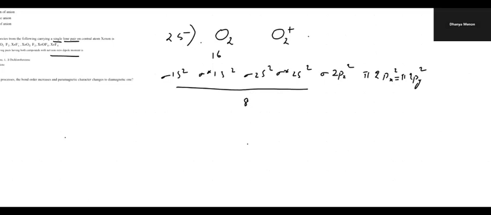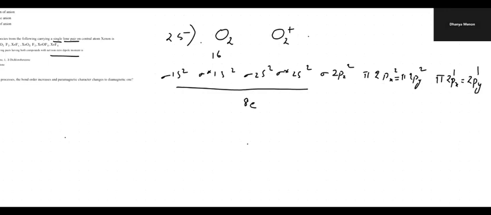So this makes 8 electrons, then 9, 10, 11, 12, 13, 14, 15, 16. So it is singly filled first. Okay. So this is our oxygen.